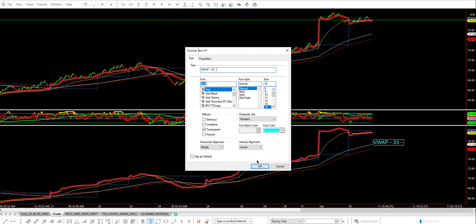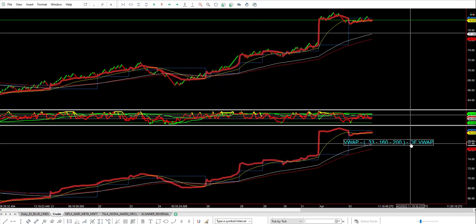It can be any kind of average, simple or exponential will do. And then we have 160 and then we have 200. The moving average is applied on VWAP, not price, on VWAP of VWAP. Okay, there we go. So that's all there is to it.